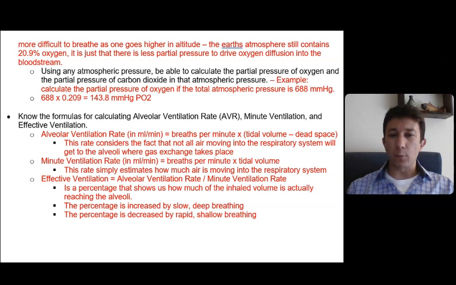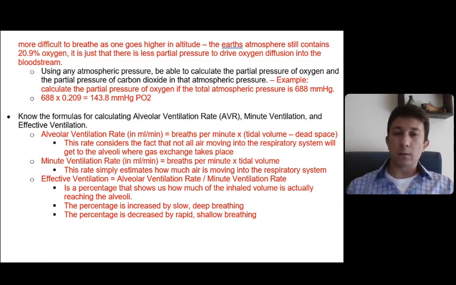And we see that different breathing rates as well as depths will significantly affect the percent effective ventilation, in that the percent effective ventilation is much higher when we are undergoing slow, deep breathing. Because that means that with each of those slow, deep breaths, there's a much higher percentage of that air that's actually getting to the alveoli where gas exchange is taking place.